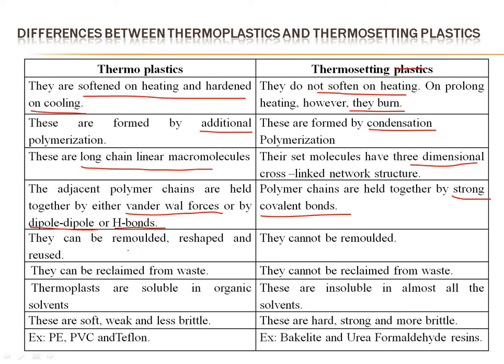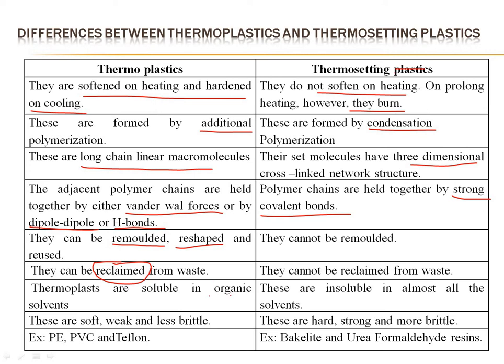Since thermoplastics are softened on heating, we can remold it, we can reshape it, and also we can reuse and reclaim it from the waste. We can recycle thermoplastics, which is not possible in the case of thermosets because they are not softened on heating.